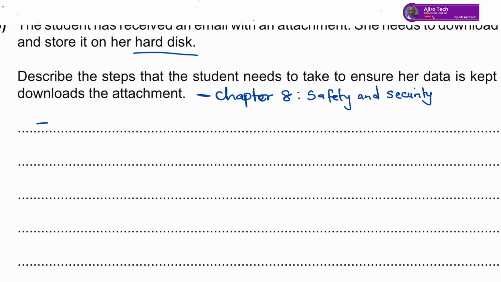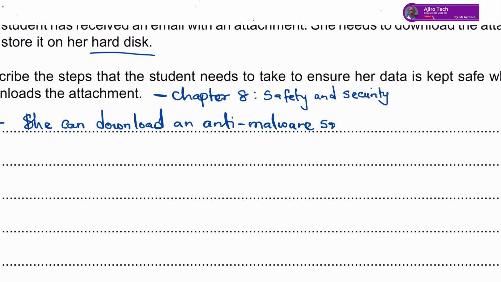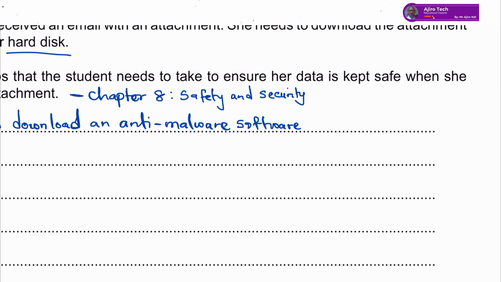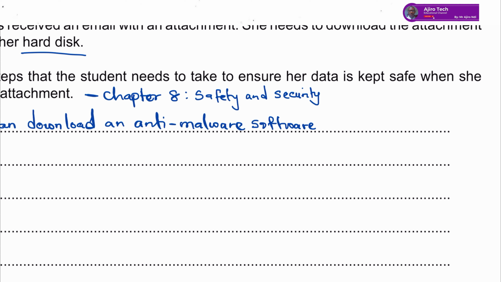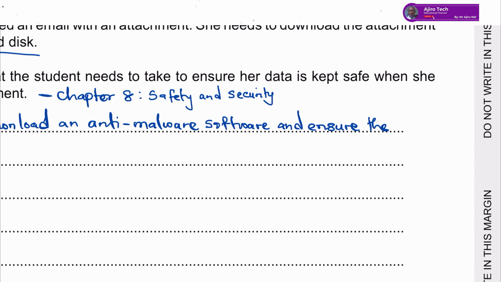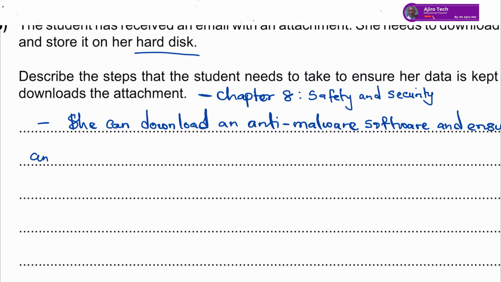So, here we have: she can download an anti-malware software, and ensure the anti-malware is updated.